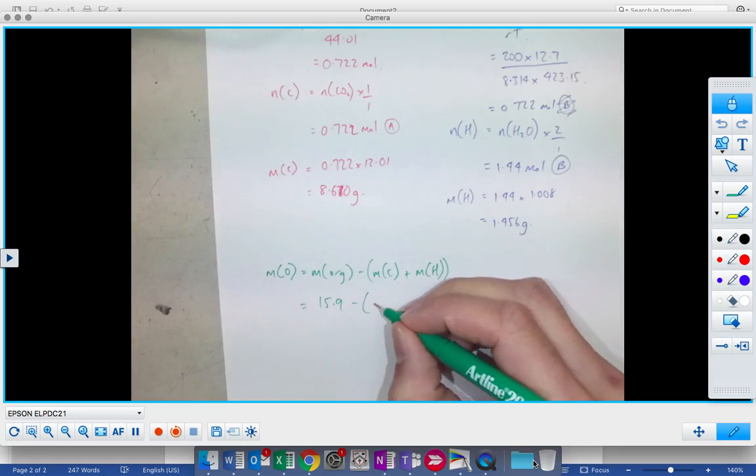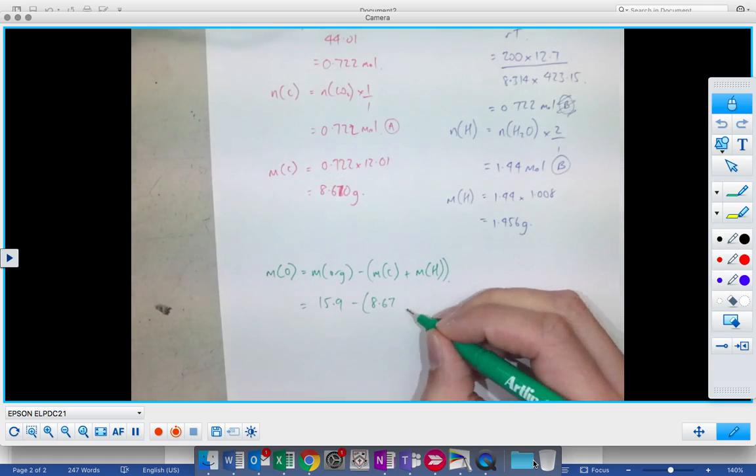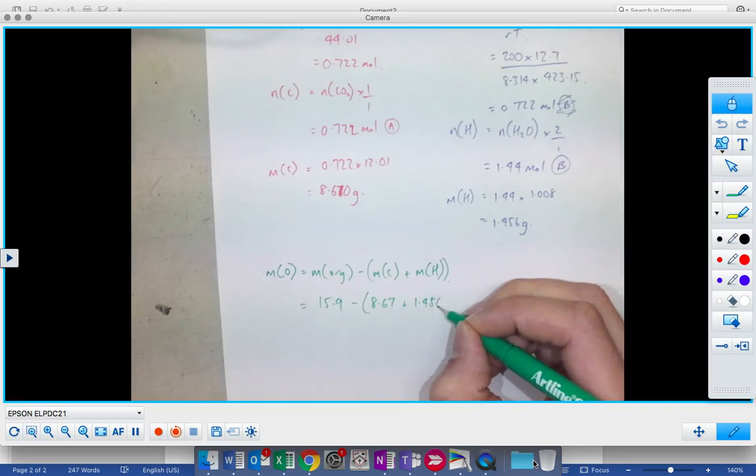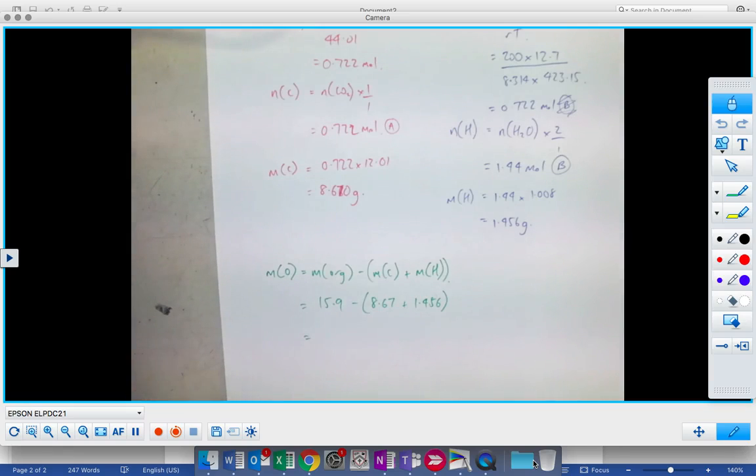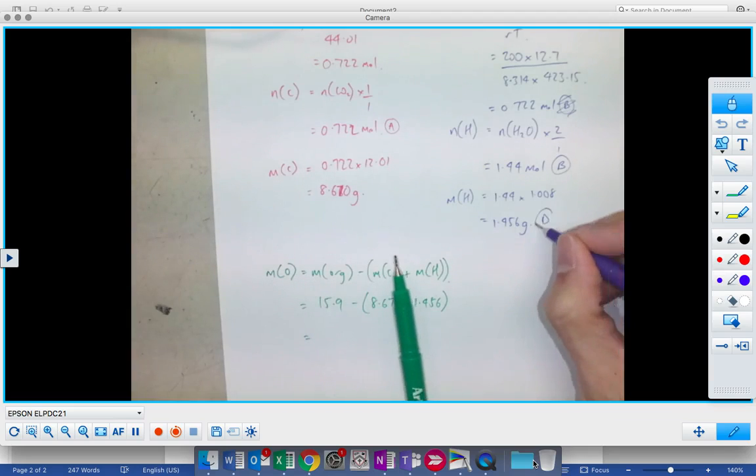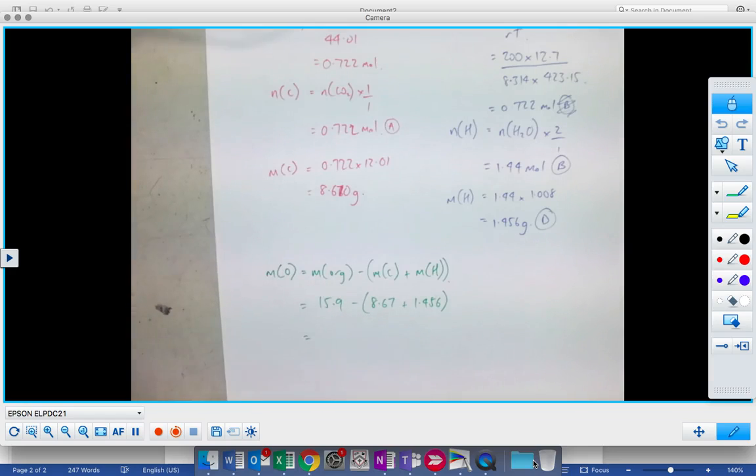Subtract, bracket, 8.67 plus 1.456. Oh no, if only Mr. Lim had saved those values. I'm going to save that as D, and I'm going to save the other one as C.